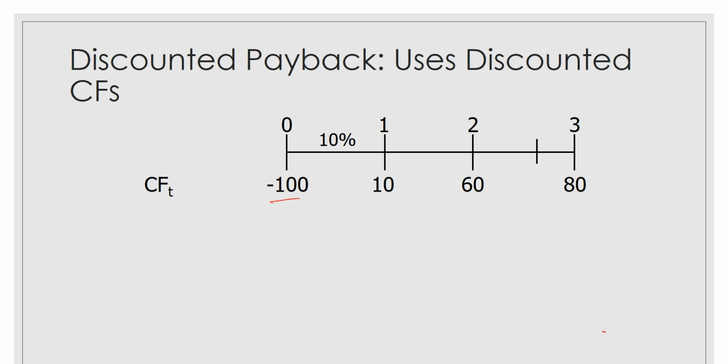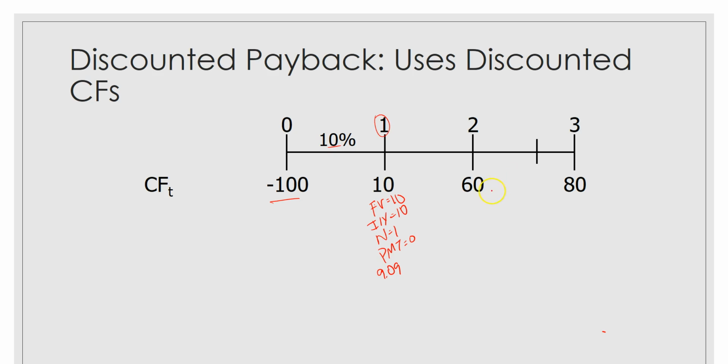In year one, it's going to return $10. So what's the present value of $10? We said the future value equal to the 10. Our discount rate is 10%. We have 1 year, and our payment is 0. Let's compute our present value, and you get $9.09.